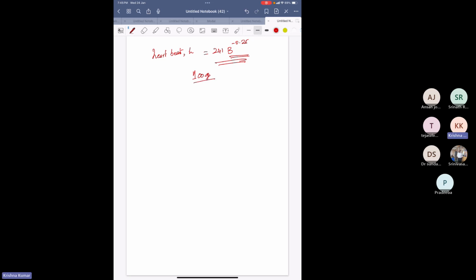So let's say what happens in 100 grams. What is the heart rate? 241 times 1 divided by 0.1 power 0.25. B is in terms of kg. Please note that's in terms of kg. When I calculate this, it becomes 428.6.